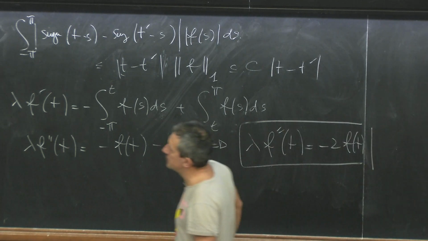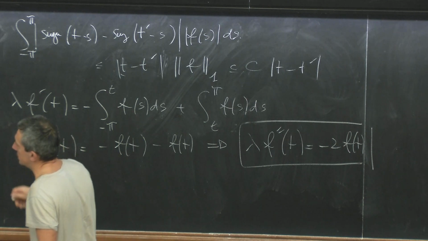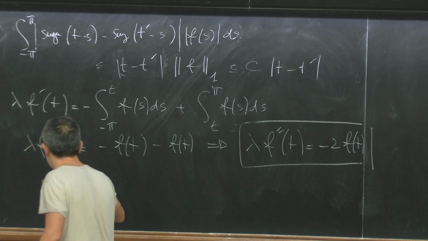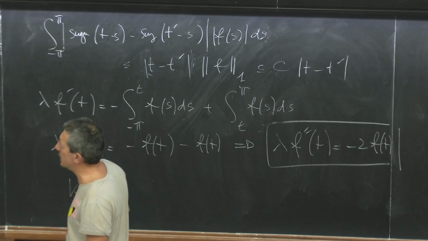Another thing that I observe is that K is positive, because it's self-adjoint and the kernel is positive. Wait, is that true?